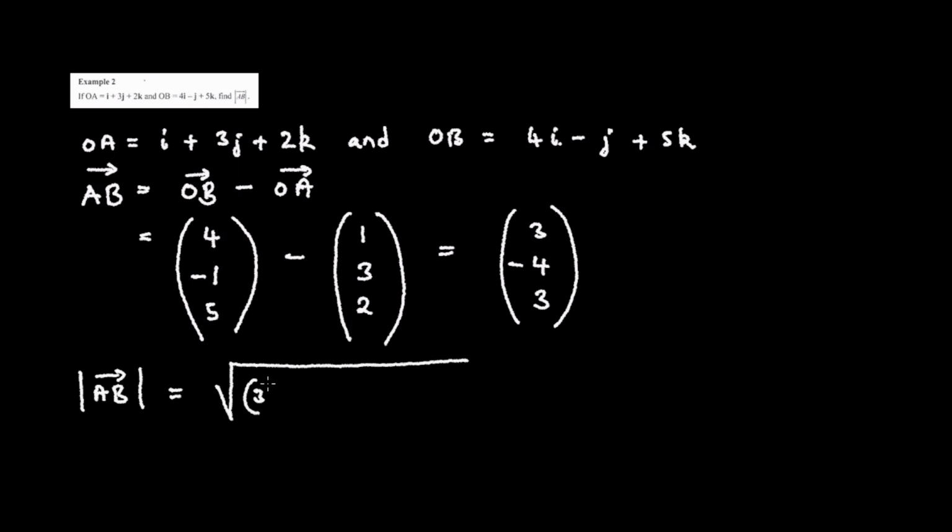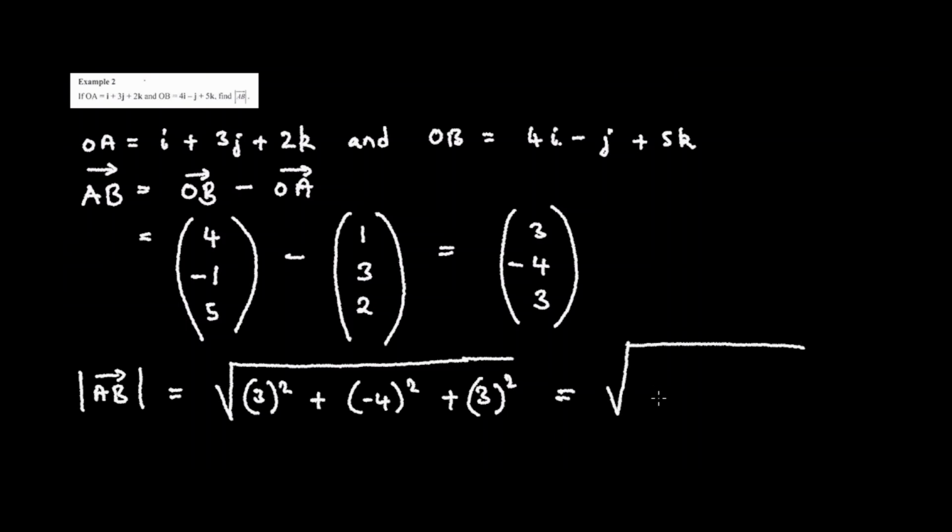The modulus, the size of AB, the magnitude, is equal to the square root of 3 squared plus minus 4 squared plus 3 squared. So here, what does it give us? From 3 squared we get 9, plus from minus 4 squared we get 16. Remember, the square of a negative is a positive. Then from 3 squared we also get 9.